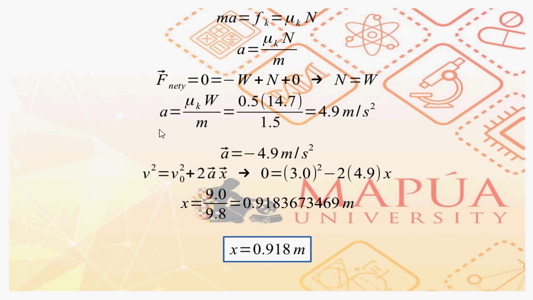So, a now becomes equal to mu k W over m. And we know the weight of the object because we know the mass of the object. So, plugging in the values, we get a to be equal to 4.9 meters per second squared. So, the magnitude of the acceleration of the system is 4.9 meters per second squared.